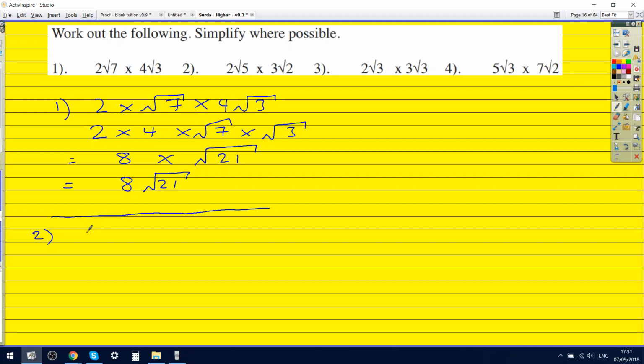So you start off with 2 times 3. And then so what is 2 times 3? 6. Yeah, go on. And then you have to times that by square root of 5 times square root of 2. And what do you get? Is it 5?